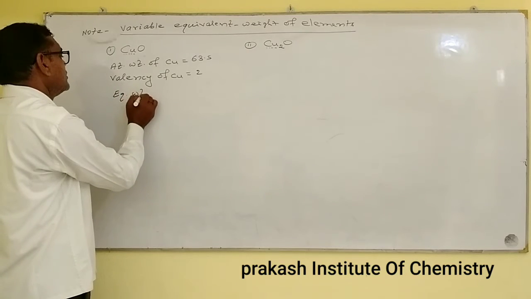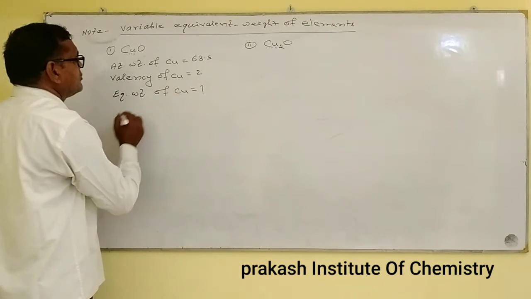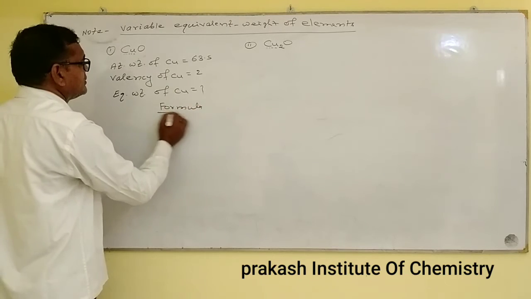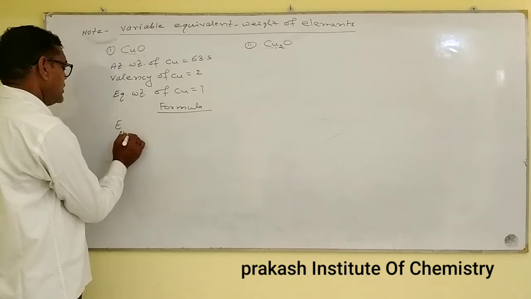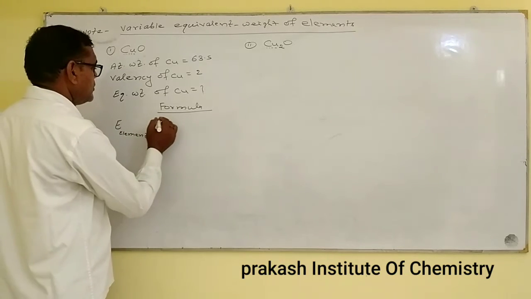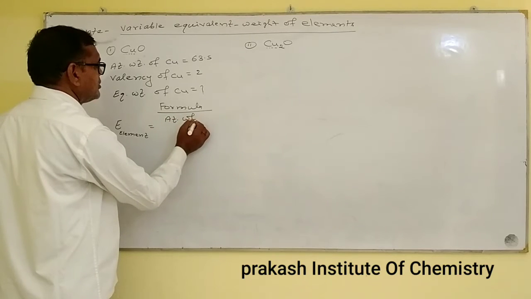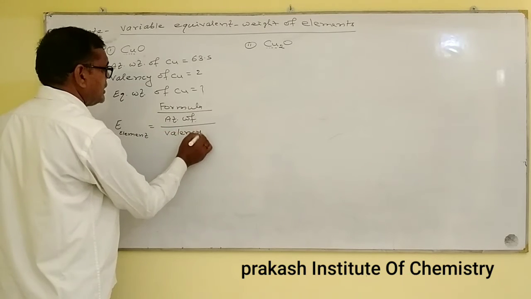Equivalent weight of Cu is equal to what? Formula is E of element is equal to atomic weight upon valency.